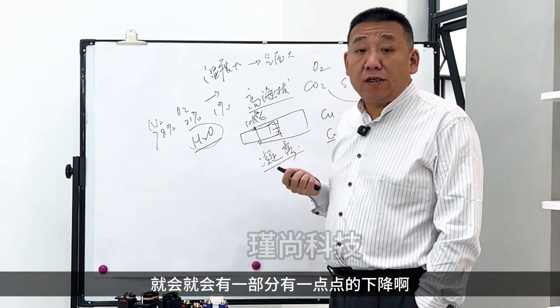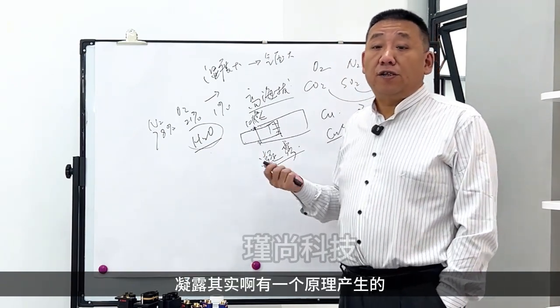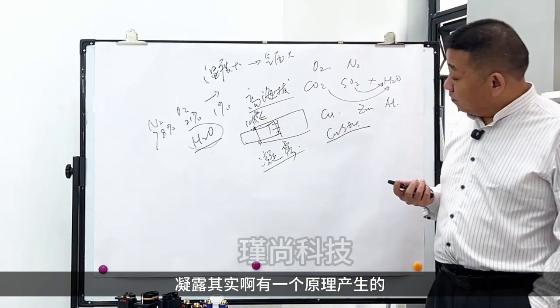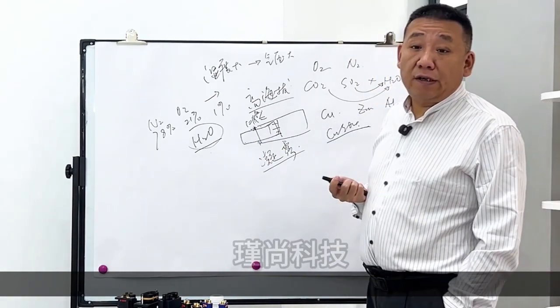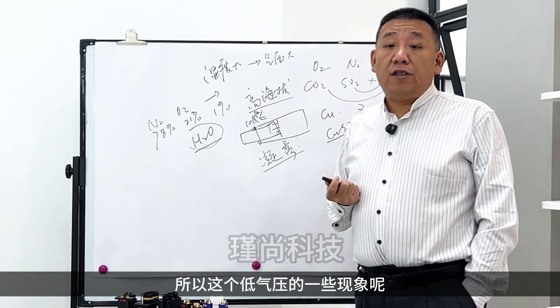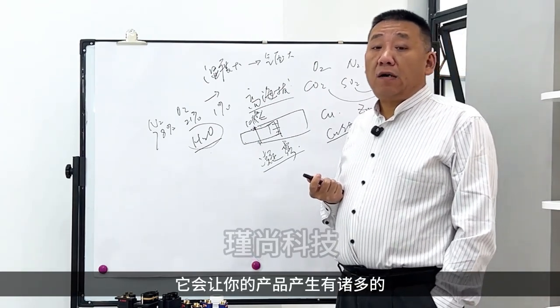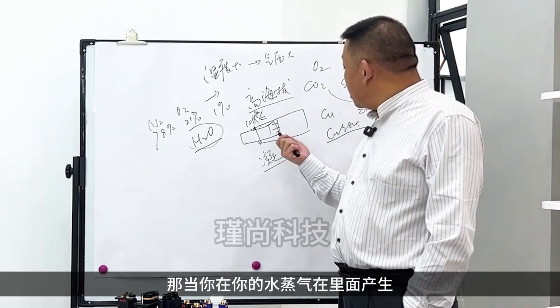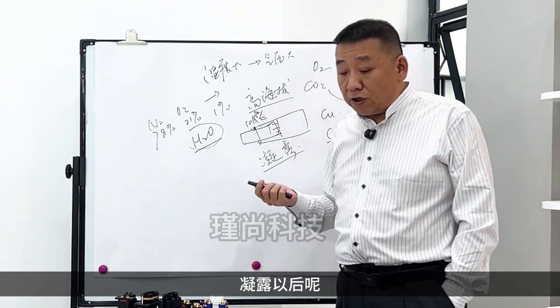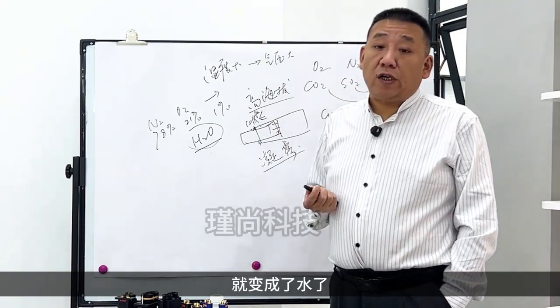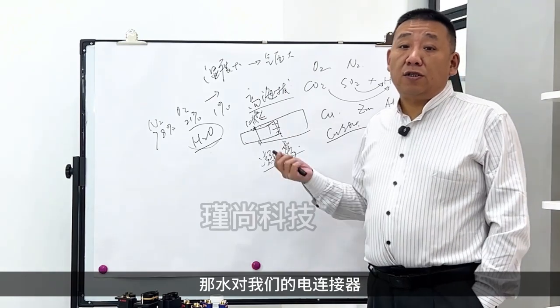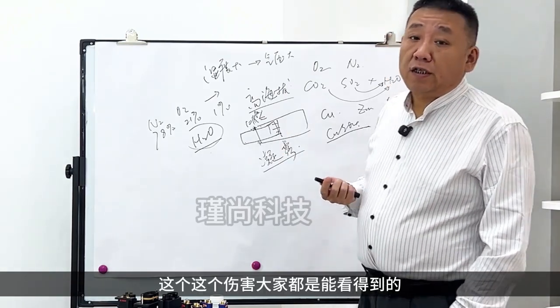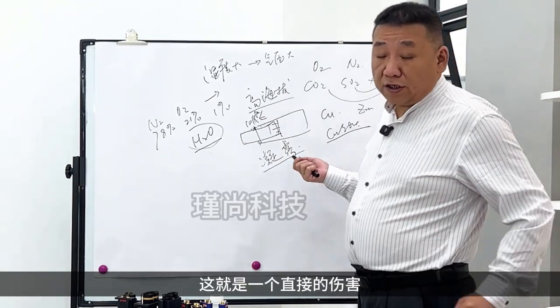It's a phenomenon like this. Condensation actually has a principle. So what about some phenomena of this low pressure? It will make your product produce this change. And then after the steam condenses, it becomes water. That water on our electrical connectors, everyone can see the damage. This is a direct injury.